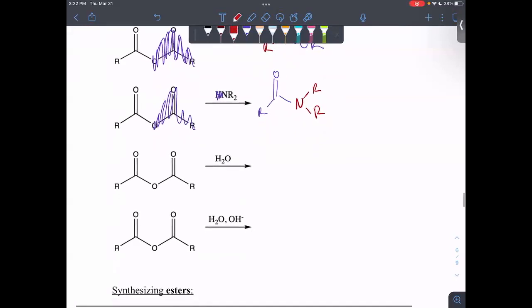And then the third one, what do you think happens if you give an anhydride water? You get a carboxylic acid. So get rid of 1 H, get rid of the leaving group, and you get your carboxylic acid.